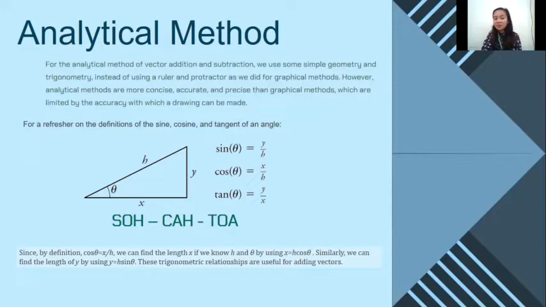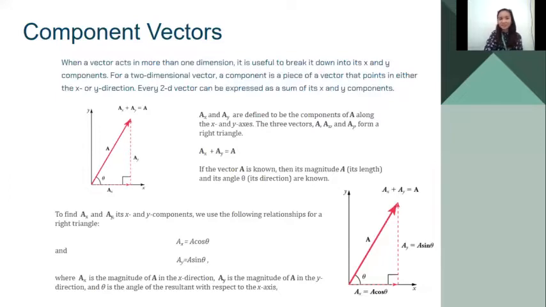Mostly, we are going to use the analytical method in our lesson. For the component vectors, this is important when we are dealing with vectors that are perpendicular, or even vectors that do not form a right angle. Component vectors are still applicable.